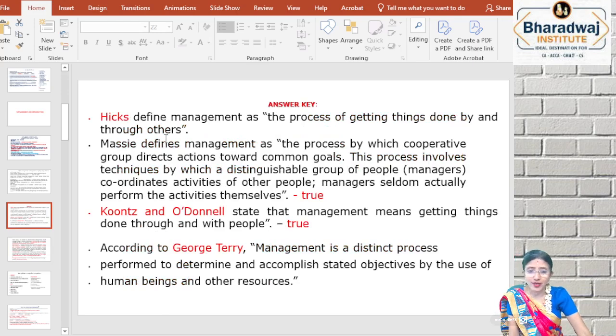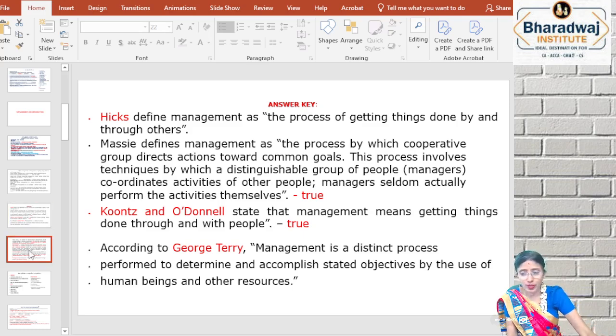Hicks, look at Hicks then. By and through others. He doesn't give people. They are others. How related they are. Hicks, Kuhns and O'Donnell and Follett. Yes? Did you make a note of it?